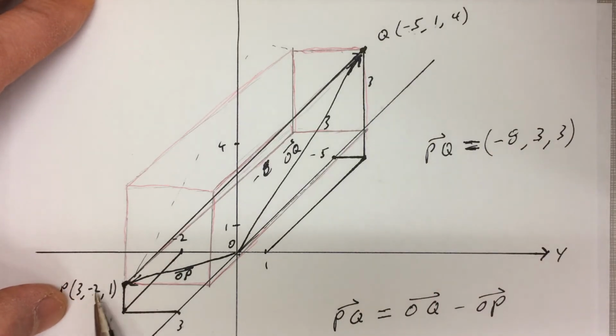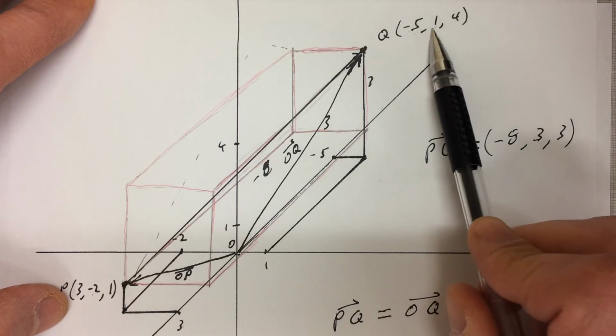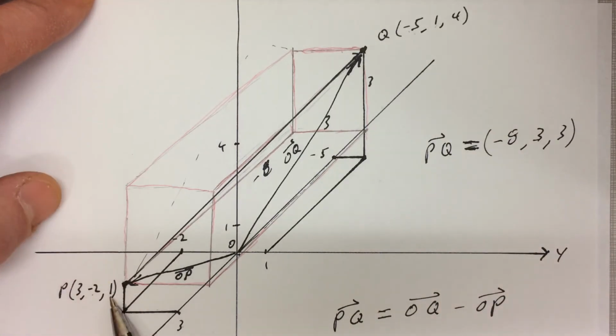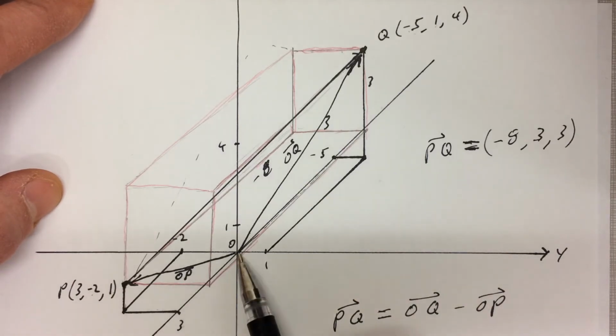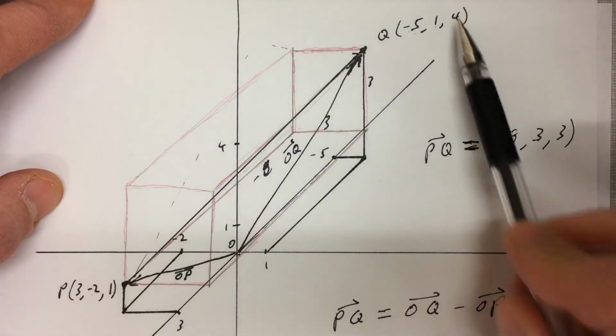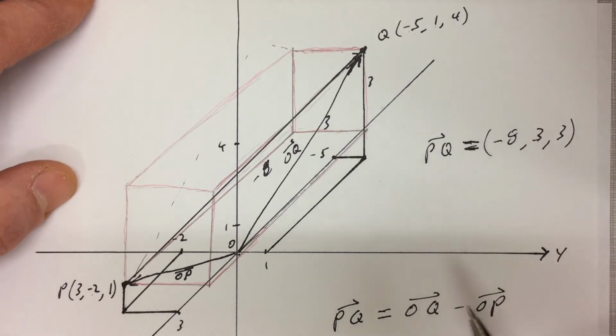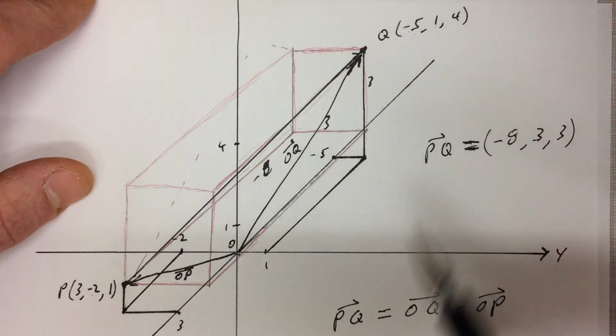It's already negative 2, so I'm going to 2 units positive, so that's going to go from 1 to 3. And 1, I have to translate that down 1 in order to get that to the origin. So I'm going to translate that down 1, which is going to give me another 3. So that ends up being the coordinates of the vector PQ.